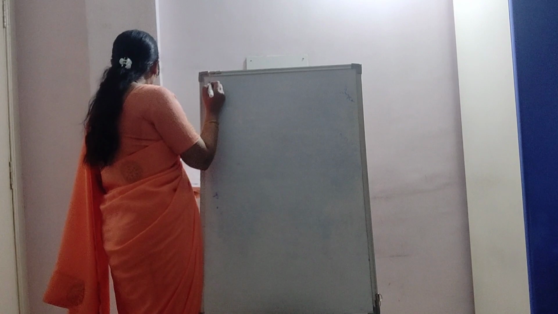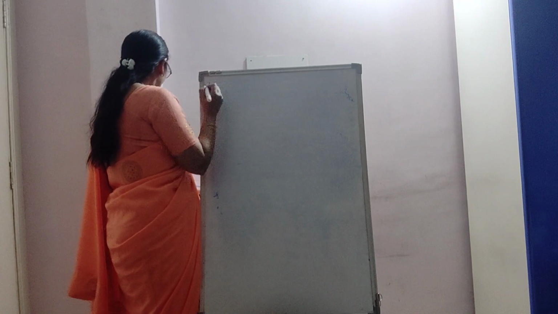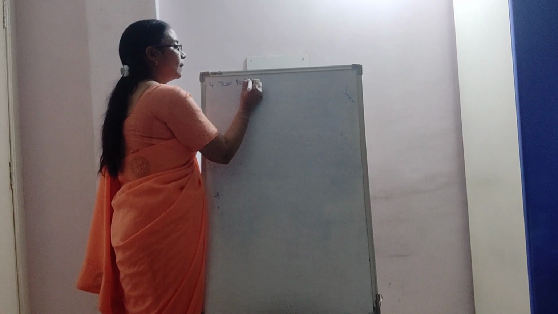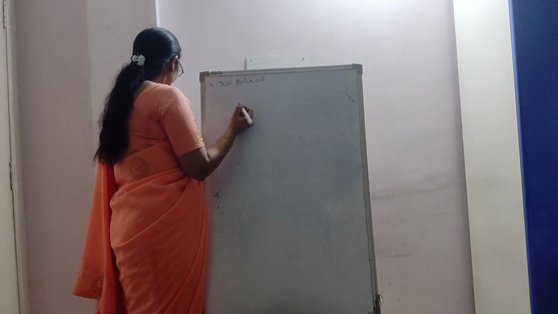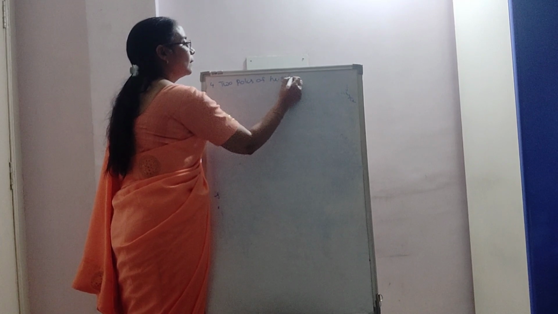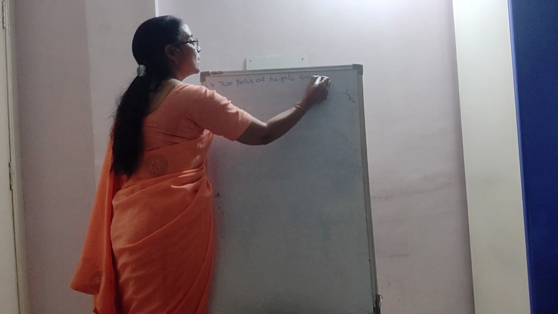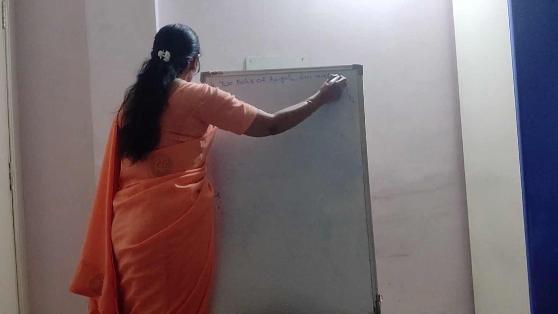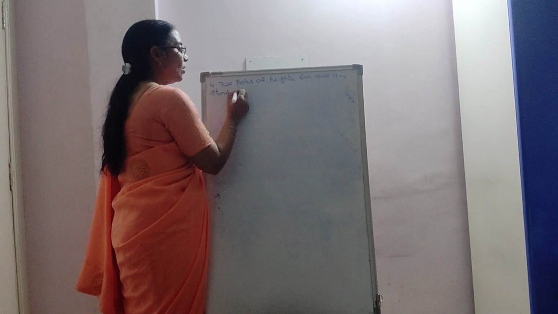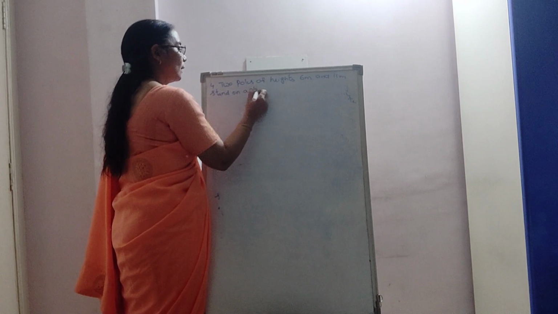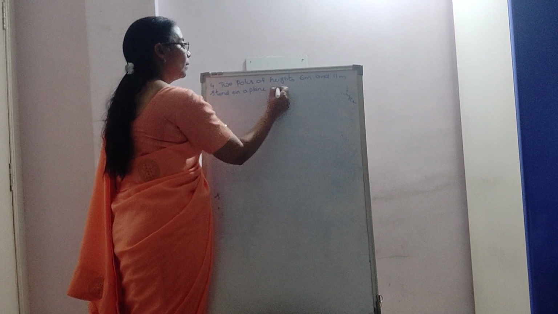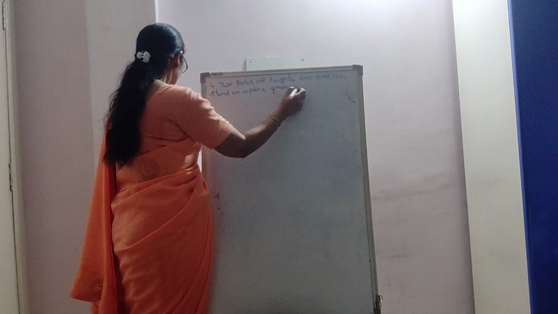That is question number 4. Two poles of heights 6 meters and 11 meters stand on a plane ground.